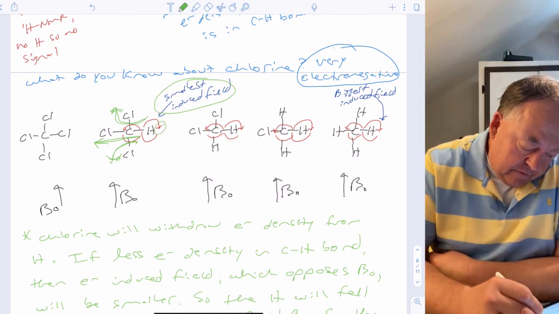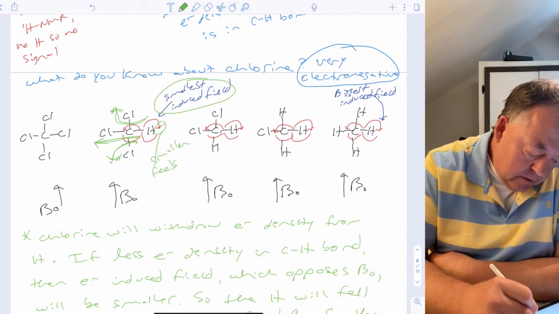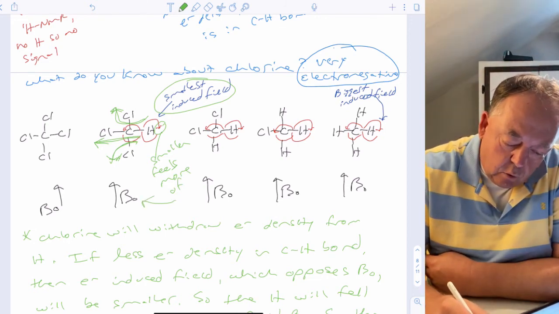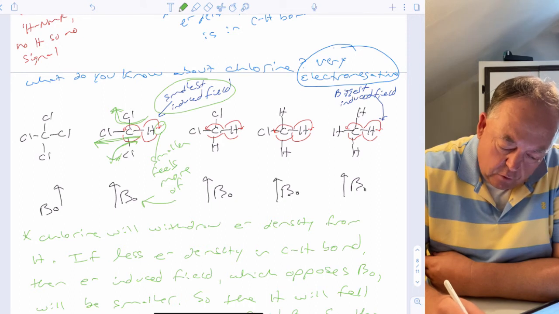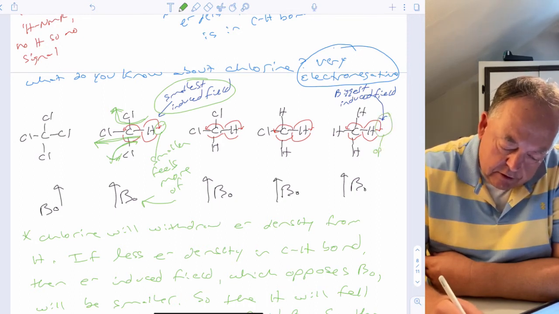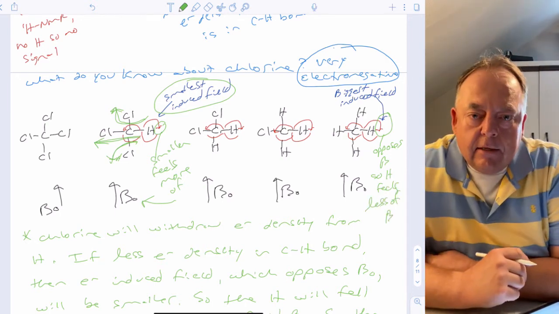And so that means if this is smaller, it feels more of this, right? Since there's no chlorines on the right for CH4, then this is going to be bigger. So if this is bigger, it opposes B, so H feels less of the external magnetic field.